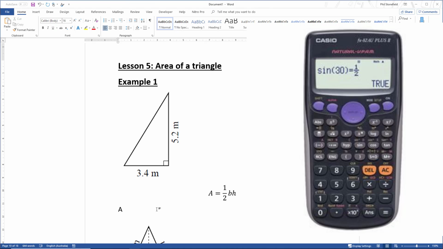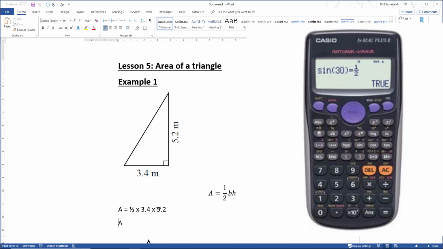Now, to do this, let's sub in the values that we know. So area equals half times 3.4 times the perpendicular height, which is 5.2.